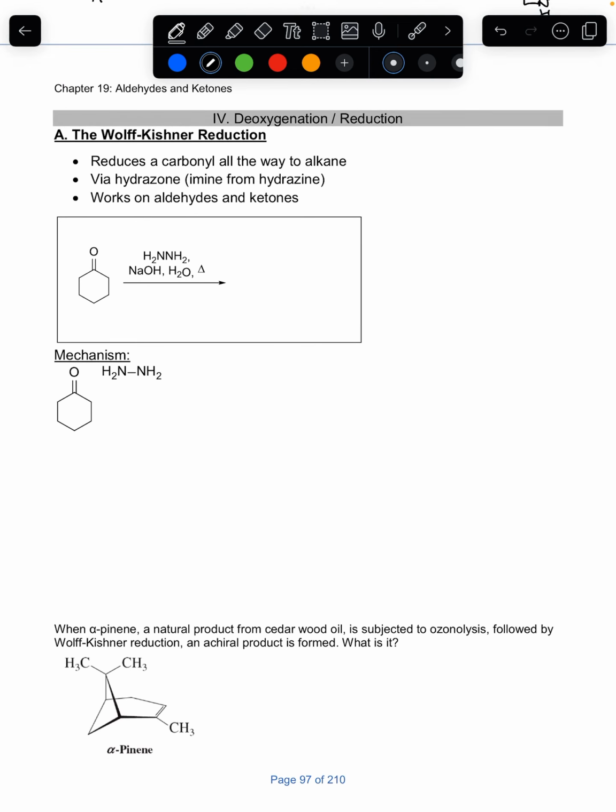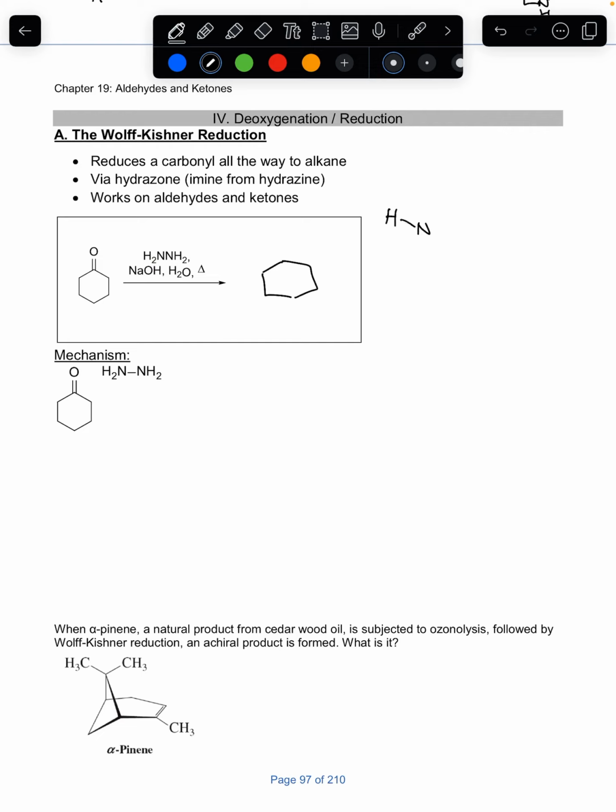But moving on, this Wolff-Kishner reduction is really useful. It's not quite like any of the reactions we've talked about, where you can reduce the ketone all the way to alkanes, not just to alcohol. And the way you do that is with hydrazine, which is this compound here.